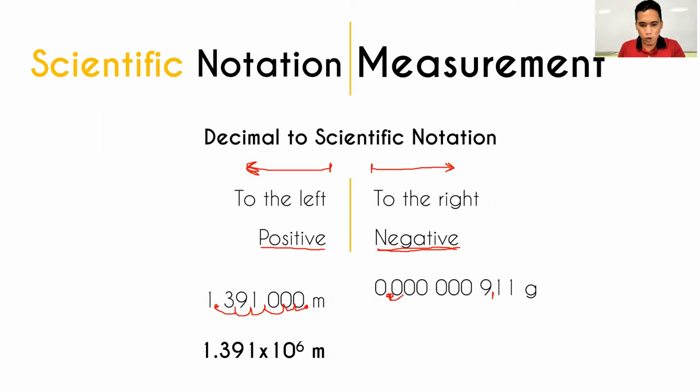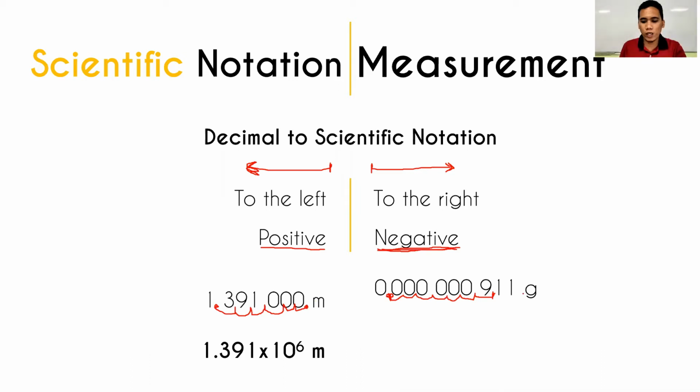So 1, 2, 3, 4, 5, 6, and 7. So since it moved 7 places, therefore 7 is the exponent, or the power, of our 10. And since the movement is from left to right, therefore 7 is negative.